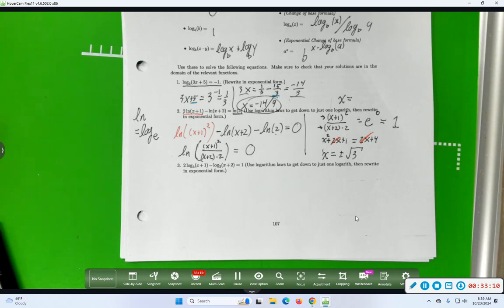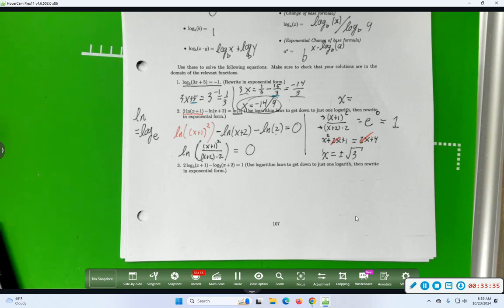I see an x plus 1 in the parentheses. So if I take plus the square root of 3 and add 1 to it, is that still positive? Yeah, positive plus a positive is positive. If I take minus root 3 and add 1 to it, is that still positive?